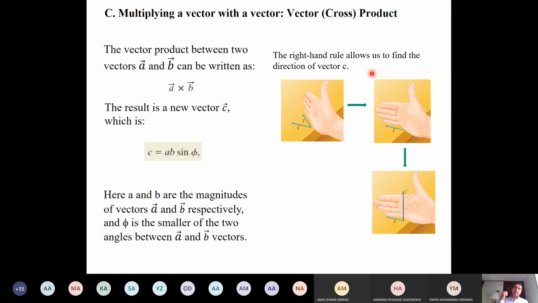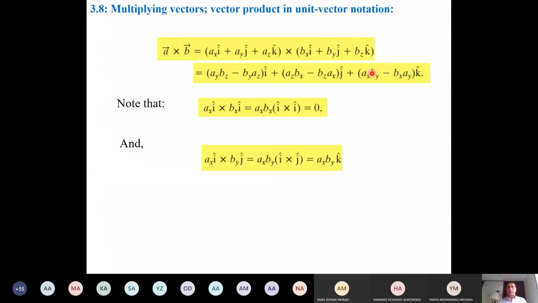So that will definitely be along the Z direction. It could be either along minus Z or plus Z, depending on which vector you multiplied first, either A cross B or B cross A. As I mentioned, A cross B and B cross A make a difference. The difference comes just because of the direction. So it will be even clearer here.